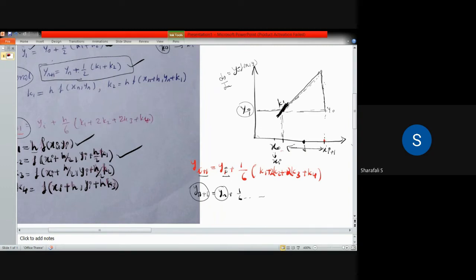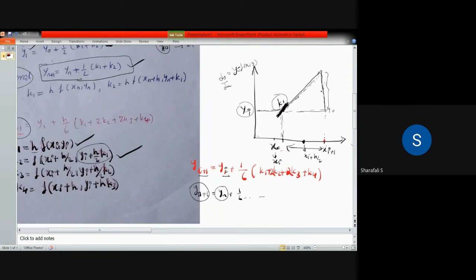So this is your xi plus h by 2, the middle of that, and then we have yi plus h by 2 times k1. This slope gives you hk1, and half of that is added to yi. So this entire quantity is yi plus h by 2 k1.